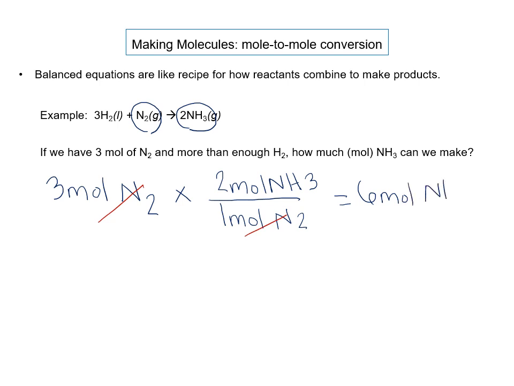So I can produce 6 moles of NH3 if I have 3 moles of N2 and more than enough H2. In this case, I use the chemical equation as my conversion factor, and I use the coefficients, which are the numbers in front of each of the chemicals, to convert between one chemical and the other.